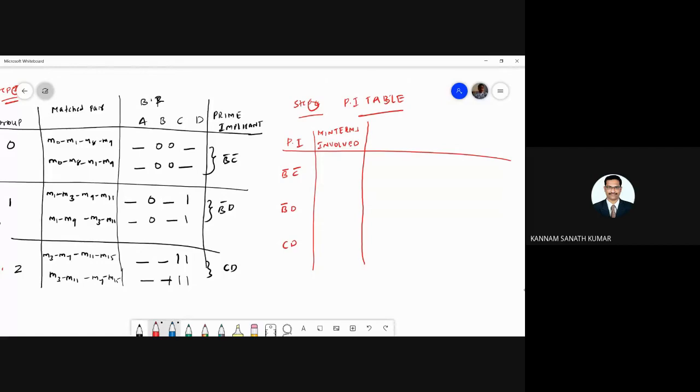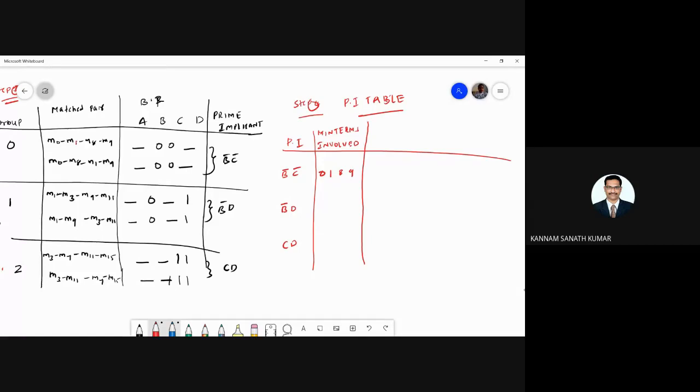So min terms involved means whatever the min terms involved, you have to write: 0 1 8 9. See here, these are the min terms involved, 0 1 8 9 for B bar, C bar. These are the min terms M0, M1, M8, M9.